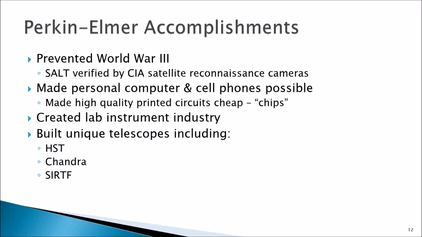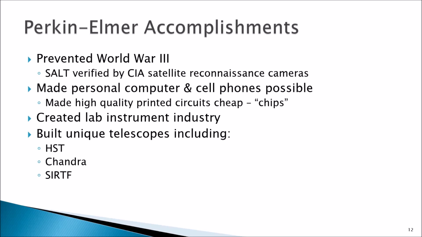Back in the 1950s, we were living in fear of a nuclear holocaust. There were people running around building fallout shelters. There were bomb shelters located throughout the United States.